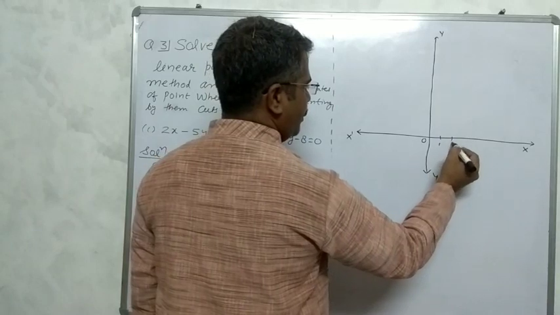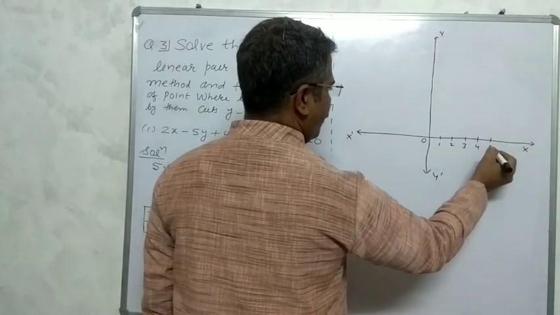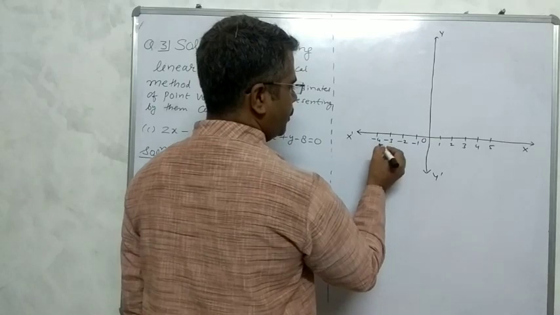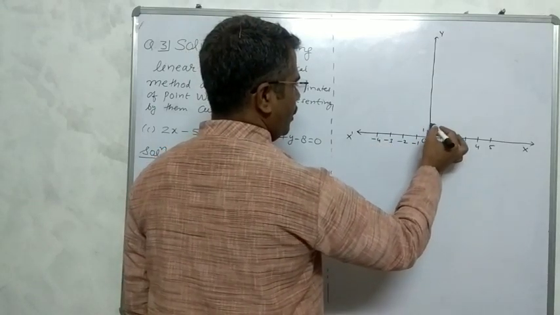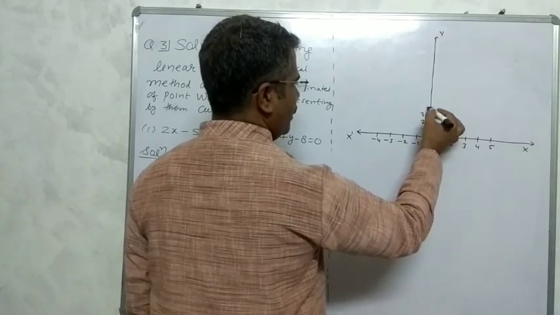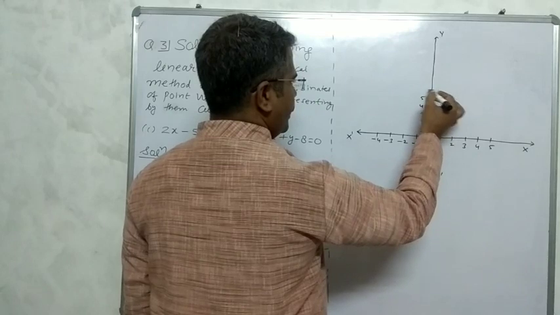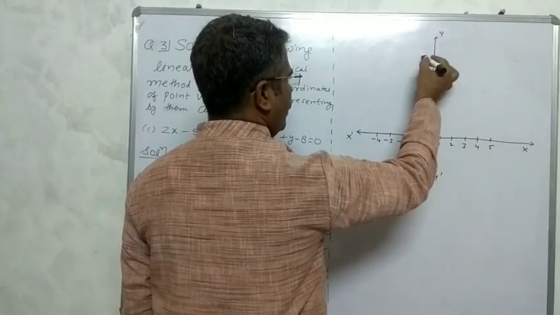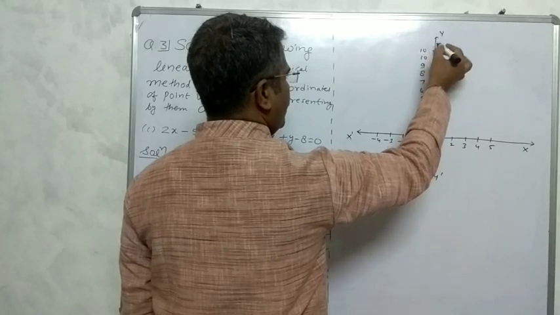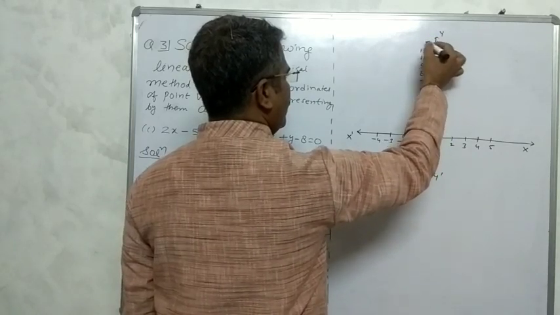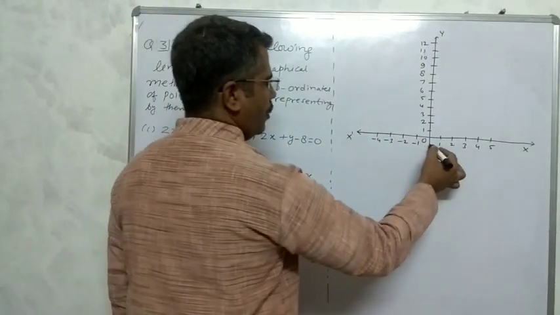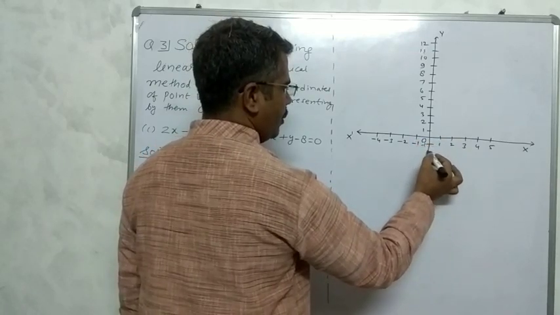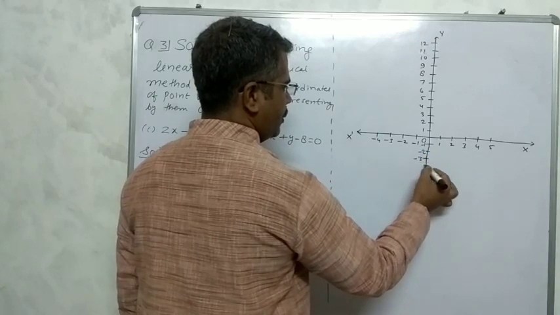We take 1, 2, 3, 4, 5, minus 1, minus 2, minus 3, minus 4, and here on the y-axis 1, 2, 3, 4, 5, 6, 7, 8, 9, 10, 11 and 12, and minus 1, minus 2, minus 3, minus 4.